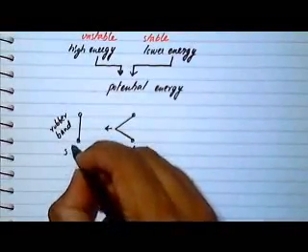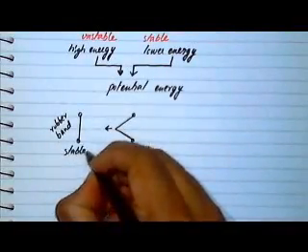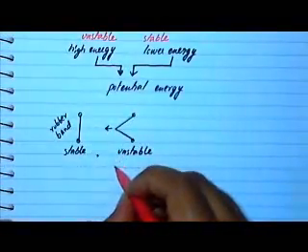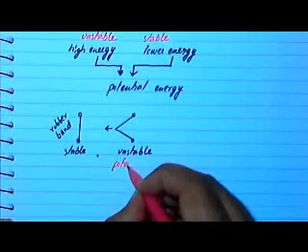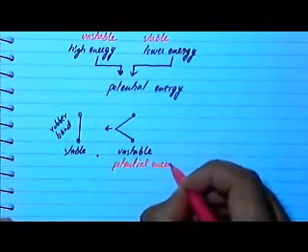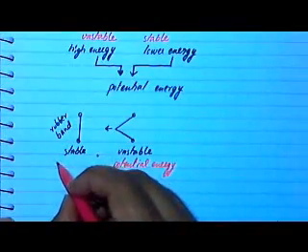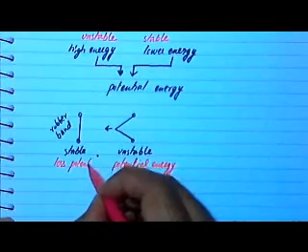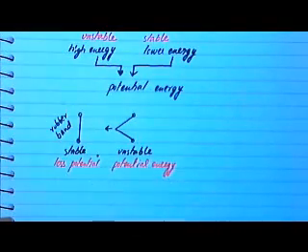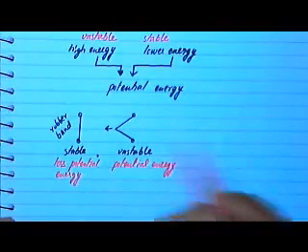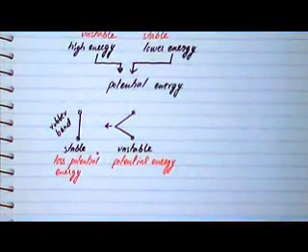Whereas this one is stable. If I let this go, it's going to retain its position. That basically means that this rubber band had more potential energy stored in it, whereas this one had less potential energy stored in it.